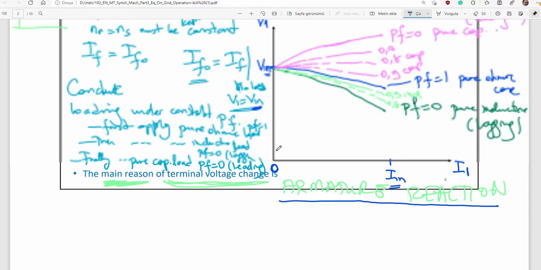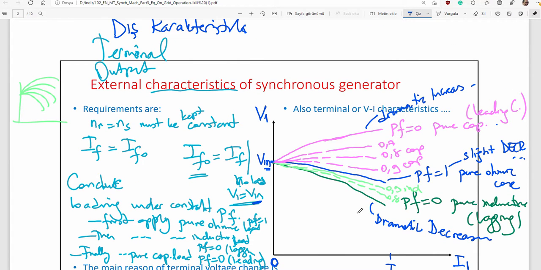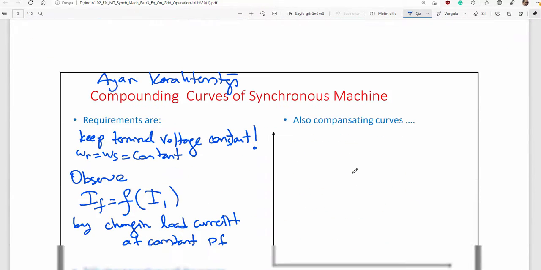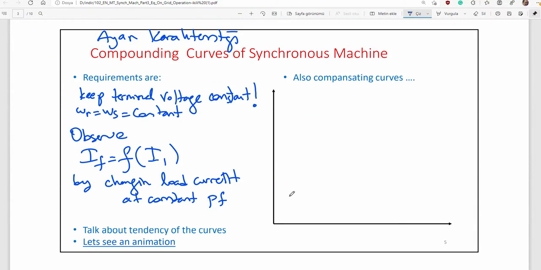Again, here you see multiple curves. Each curve belongs to one power factor. So during the experiment, you should keep power factor constant when you are changing load.